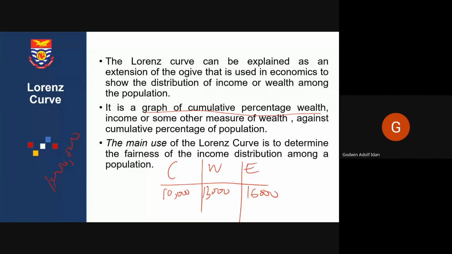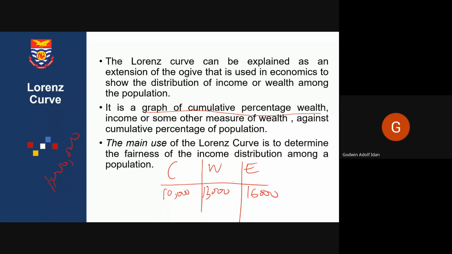So for the income that we want to distribute, what is the percentage that is going to central? What is the percentage that is going to western? And what is the percentage that is going to eastern? That is what we mean by the cumulative frequency, or the cumulative percentage, of that particular income.